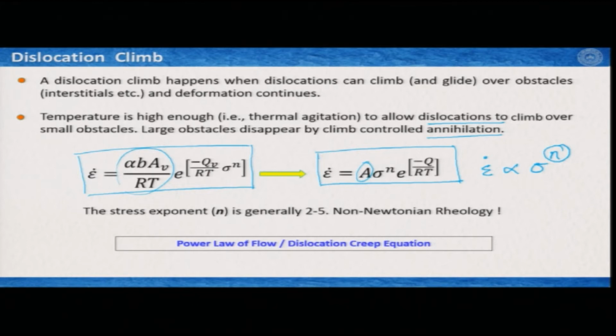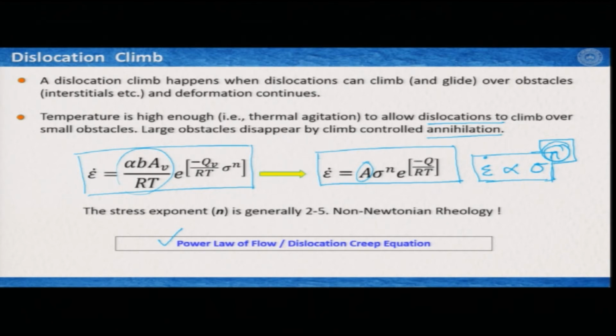So, strain rate and stress are not linearly related, but it requires an exponent, which is n in this case. Therefore, it is non-Newtonian rheology, as we learnt at the very beginning, and because sigma has a power of n, it is known as the power law of flow or the dislocation creep equation.